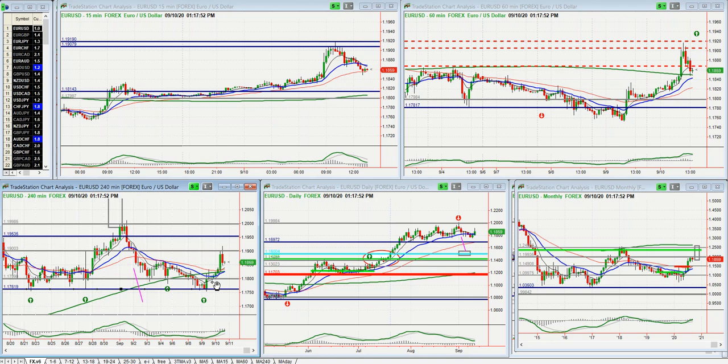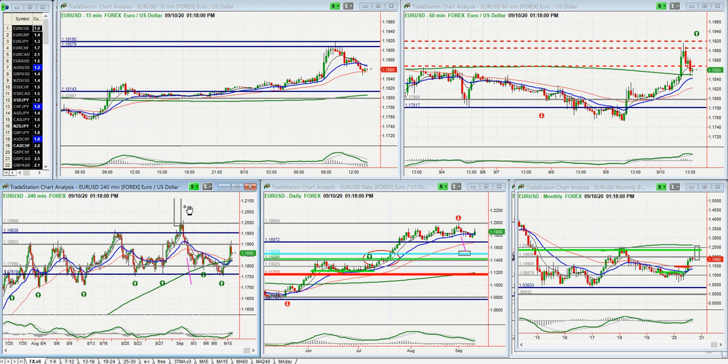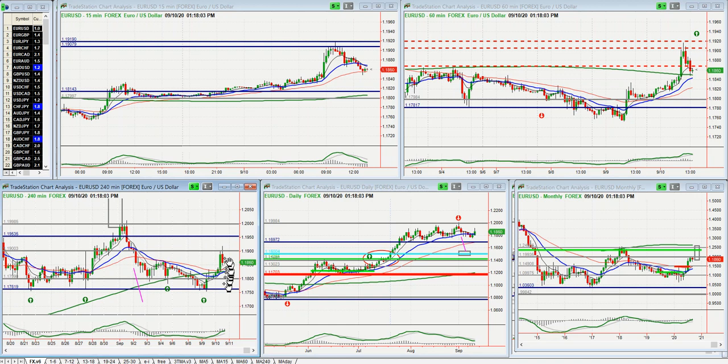That's what you typically have in sideways price activity, as we see here on the 240. It's kind of a topping formation, and we've got the bounce up, and now we can expect another trial of this level on the bottom.